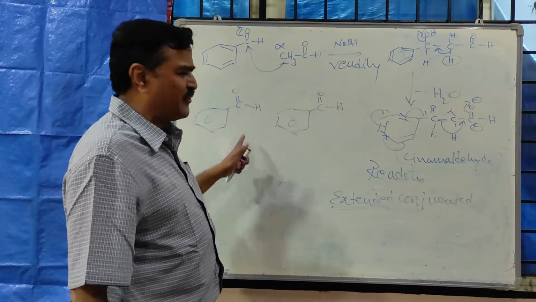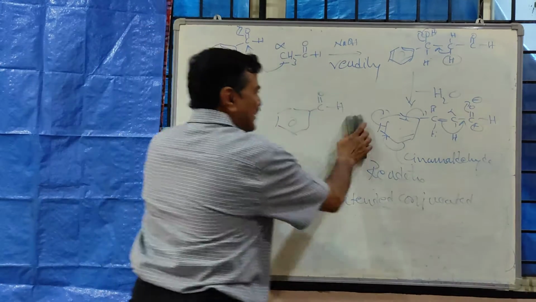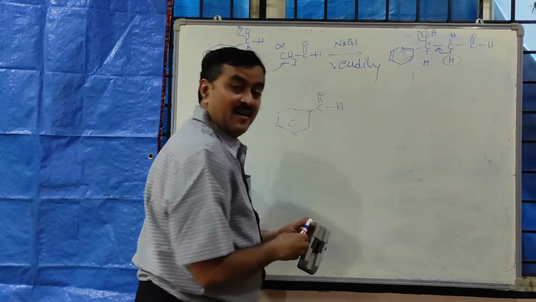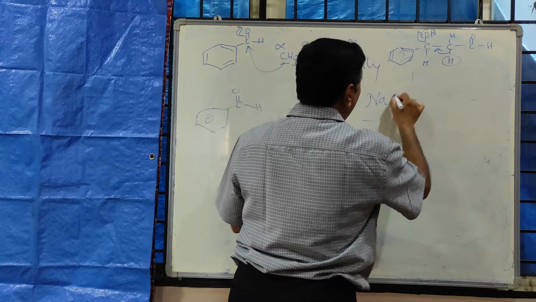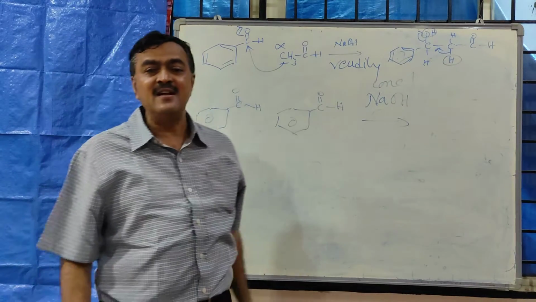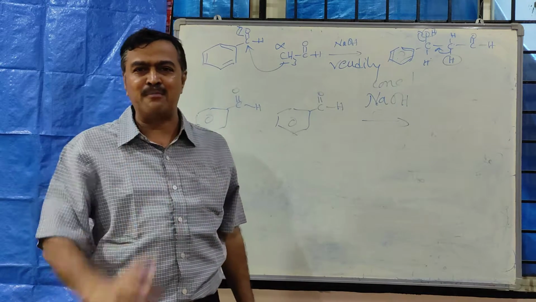So first, when you take dilute NaOH, the reaction does not happen. So instead of dilute, they take concentrated NaOH, which increases the concentration of NaOH. When they take that, a miracle happens.